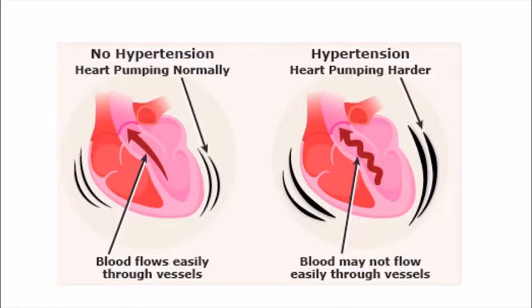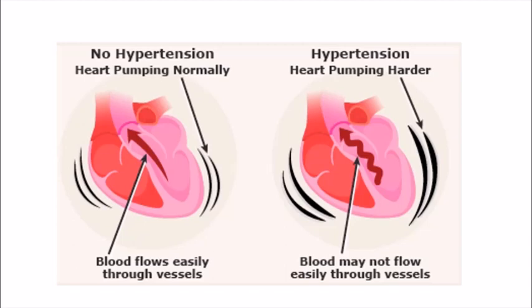Now, if the blood pressure increases, that means there is a lot of tension which is created. That is called hypertension. The arteries in your heart go into a lot of hypertension, and that is why it develops high blood pressure.